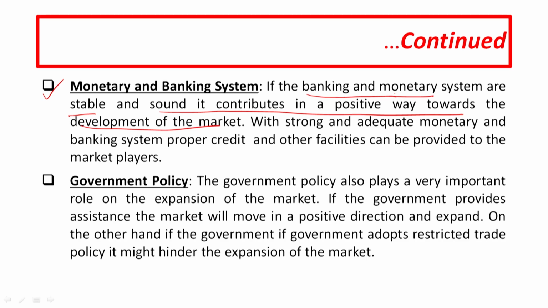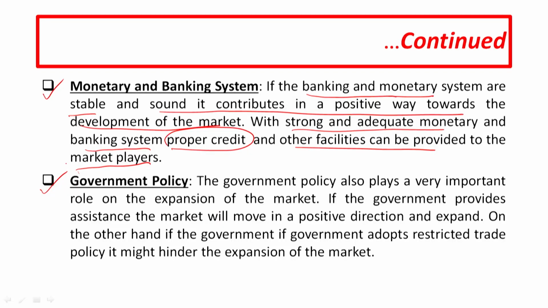The firms can get easy loans, and the firms can do different types of activities related to monetary and banking activities. So with a strong and adequate monetary and banking system, proper credit and other facilities can be provided to market players. As you are already aware, credit is the most important thing required in the current business scenario, and that can be availed through the monetary or banking system.